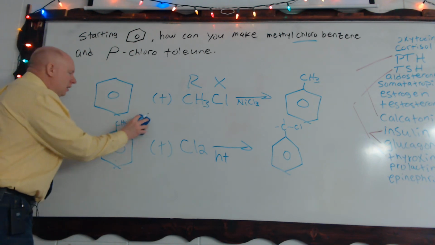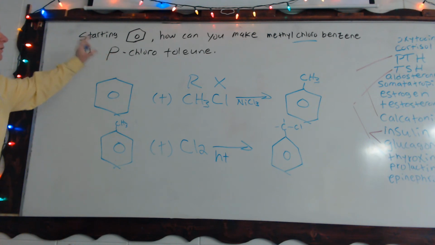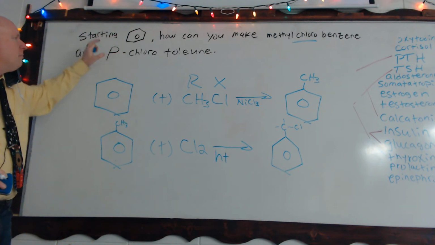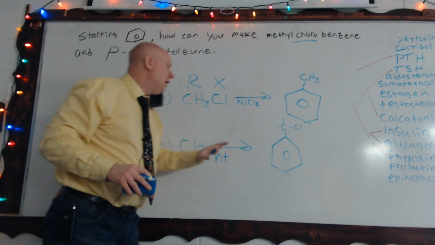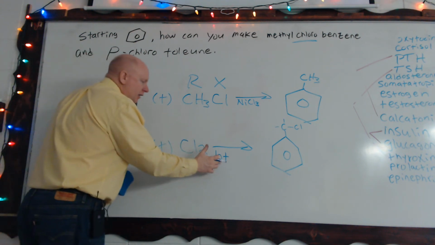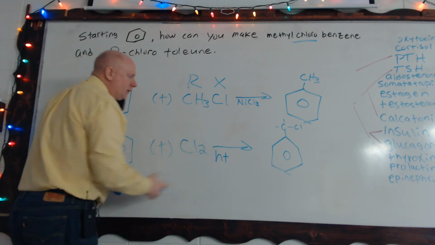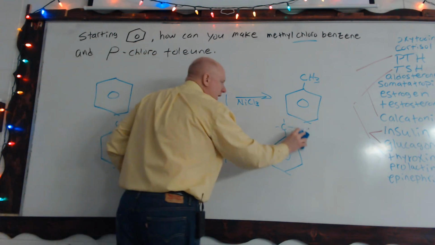Now, starting all over again, we really don't have to. Starting with benzene to get parachlorotoluene, we still need to do this process. And then, once we get that on there, it's the catalyst on there that will change things. Because if we don't add heat, this won't attach onto there.